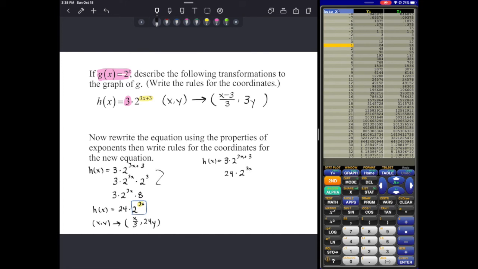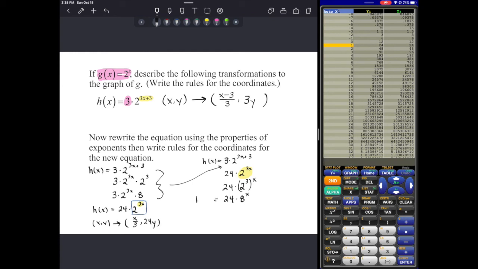So we did all this stuff in the middle. But now they wanted to take it a little bit further by applying another one of our exponent properties. They could say this is 2 to the third power raised to the power of x, and we're still multiplying it by 24. So now we have 24 times 8 to the power of x.